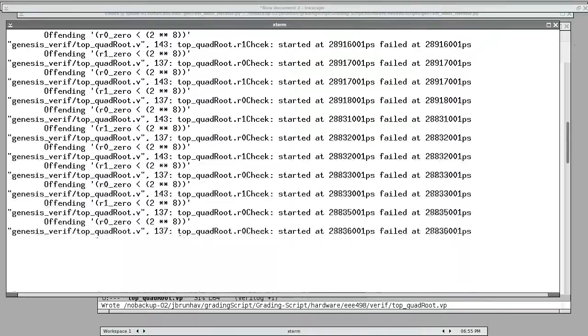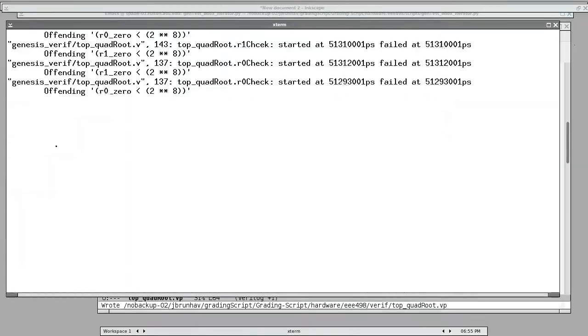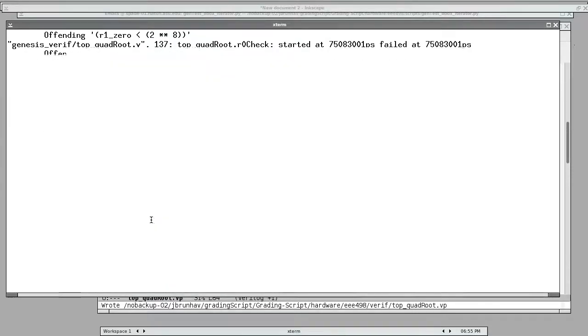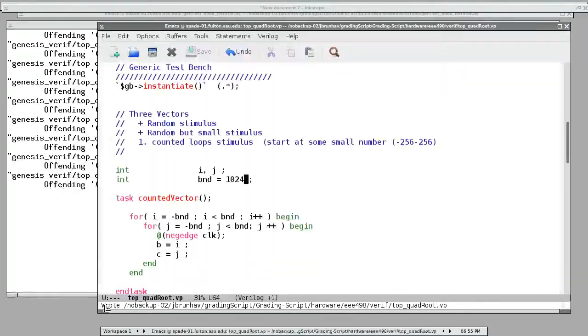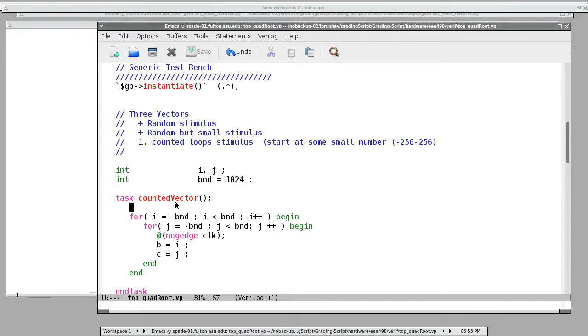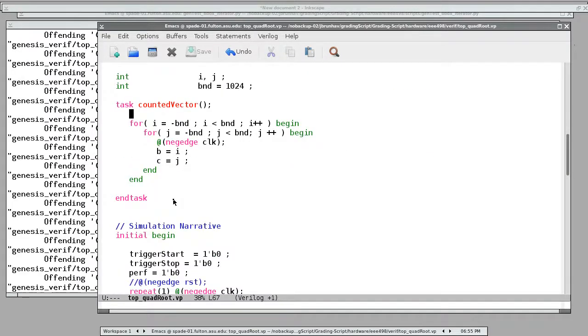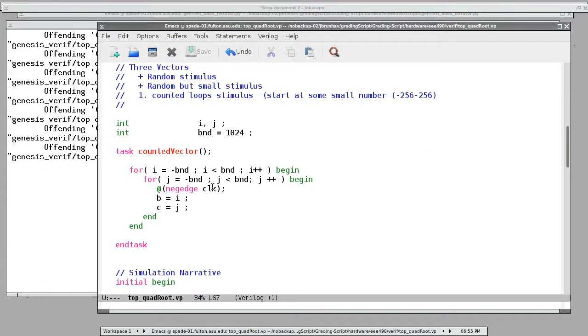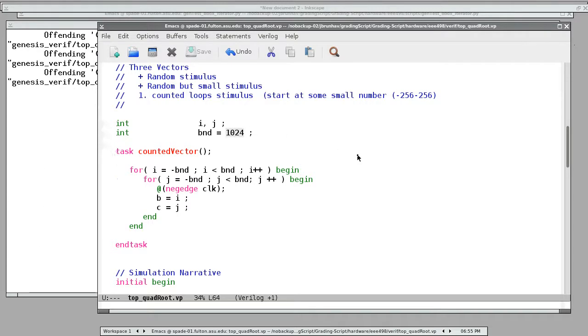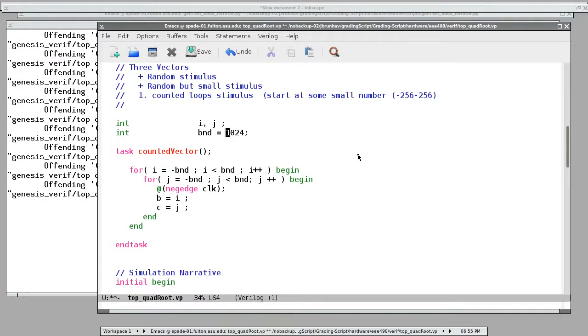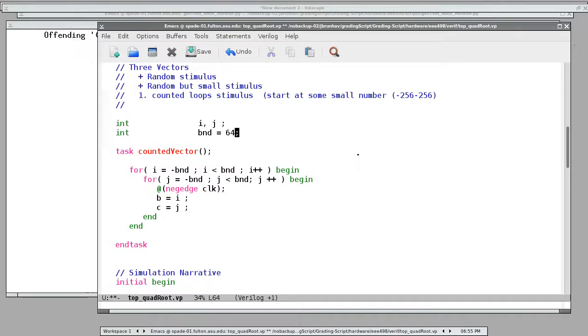So it doesn't work. Cool, cool, cool. So it seems that we have managed to find some test cases that break this. So we're going to put this back down to a smallish number. So we'll do something like 64.